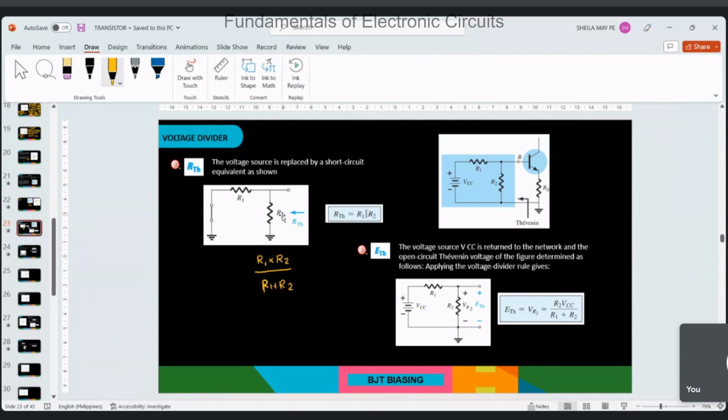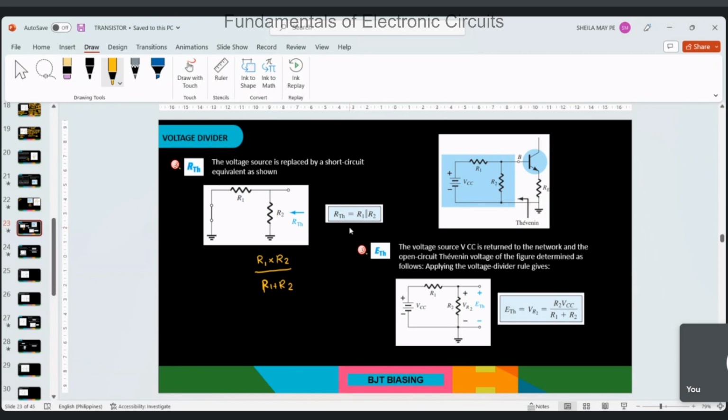Pag tan-aw na to is R1 and R2 are parallel to each other man. So ang formula ni RTH is R1 parallel with R2. Now for the parallel connections at our resistance, we have the formula R1 times R2 divided by R1 plus R2. So that's our RTH. Now, for our ETH class, the voltage source VCC is returned to the network and the open circuit Thevenin voltage of the figure determined as follows.